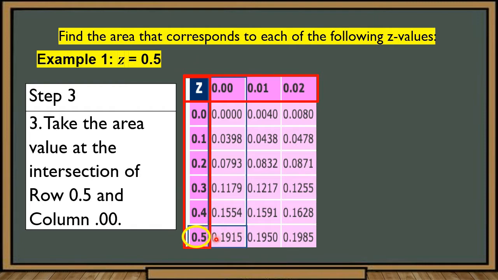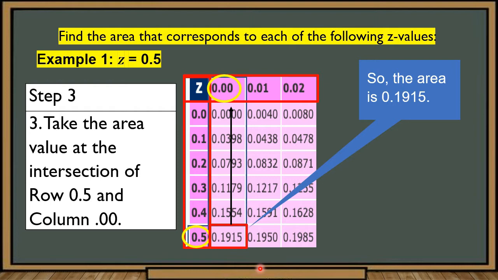This is where we can find 0.5, and the third digit is found in column 0.00. So their intersection is exactly the area, which is 1915. So automatically yung intersection ng row at ng column is the area value. So therefore, the area that corresponds to z, which is equal to 5/10, is 1915.